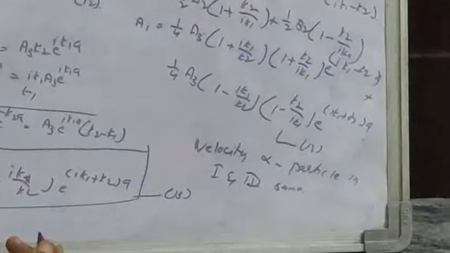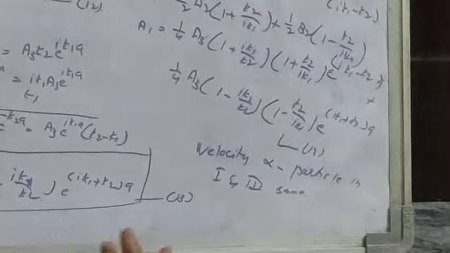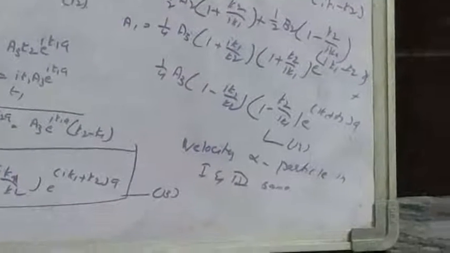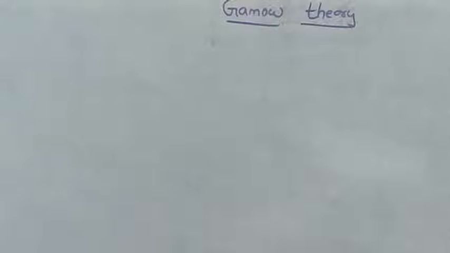Hence the transmission probability of the alpha particle is given by the equation. Now we are going to calculate the transmission probability of the alpha particle.